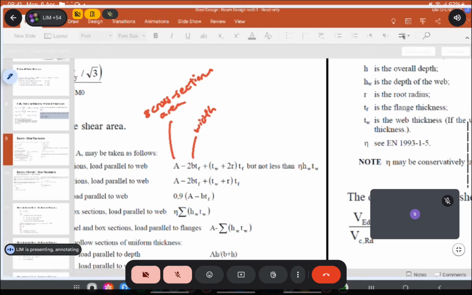You used this last week for the section classification. TF is the flange thickness, also in the Excel table. TW is the web thickness, also in the classification and the Excel table. R is the root radius, also in the Excel table.